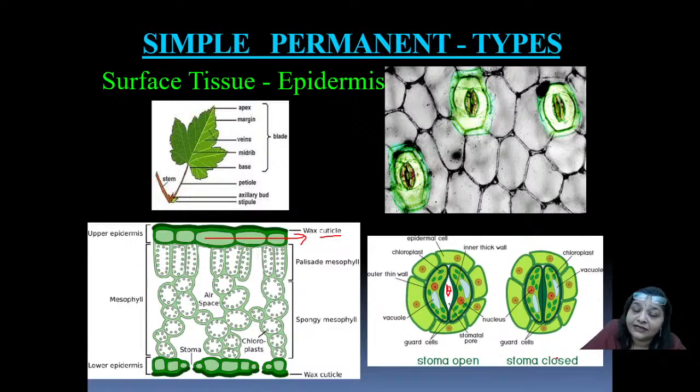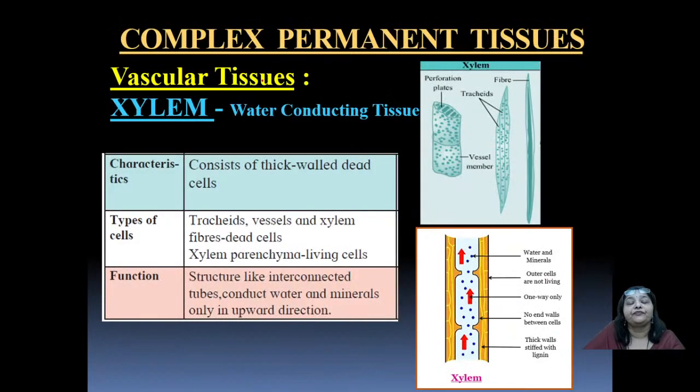But when does this happen? During the exchange of gases in plants. That takes place through these stomata. The stomata are generally found on the lower side, or the abaxial side, of the leaves. Okay, right. So the surface tissue, epidermis, is explained. I've explained the epidermis of the leaves here.